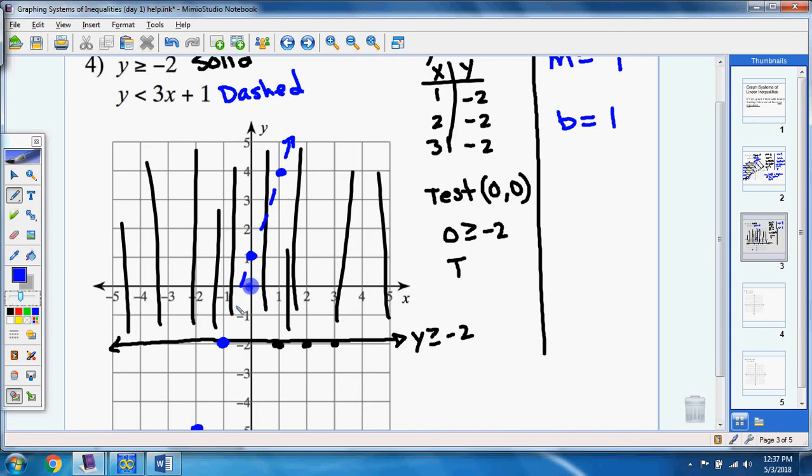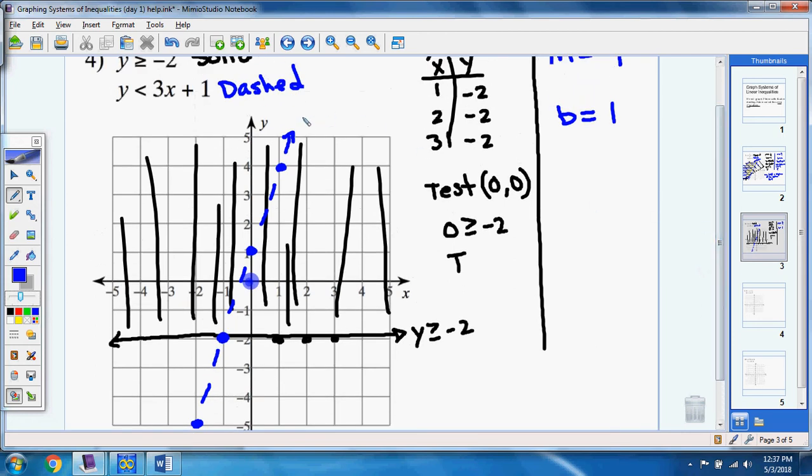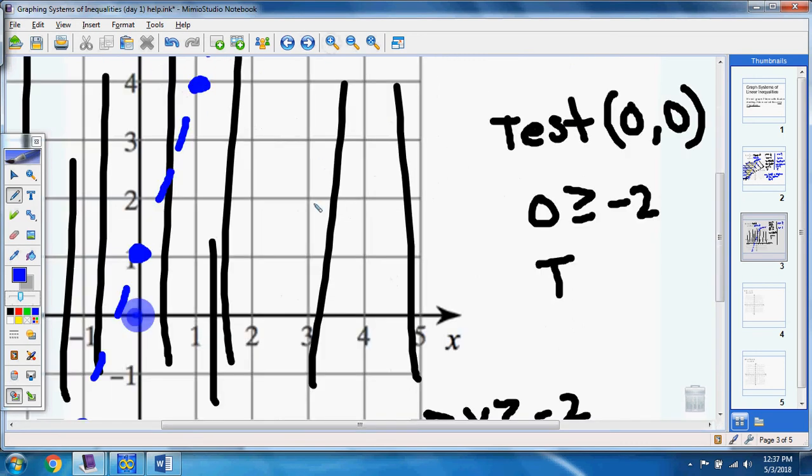Again, this is really just a repeat of what we've been doing on Wednesday and Thursday. I could label it right away if I want to, just at the edge. Y is less than 3x plus 1. Again, I'm going to test the origin. I notice that it's really close to the origin, but the origin is not on the line because it does not start at the origin.